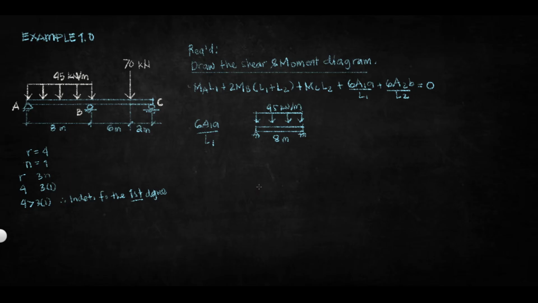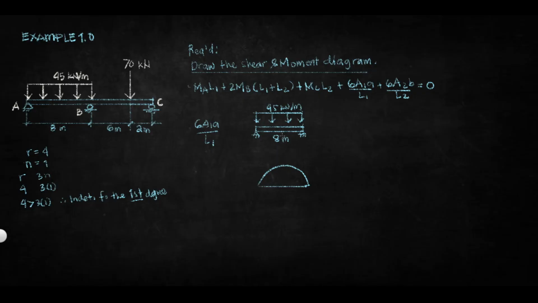Syempre ang moment diagram nito is, sino nakakalam ng uniform distributed load? Okay, ito po ay parabolic. Okay, so if parabolic yan, ano yung magiging value natin dito sa maximum moment?